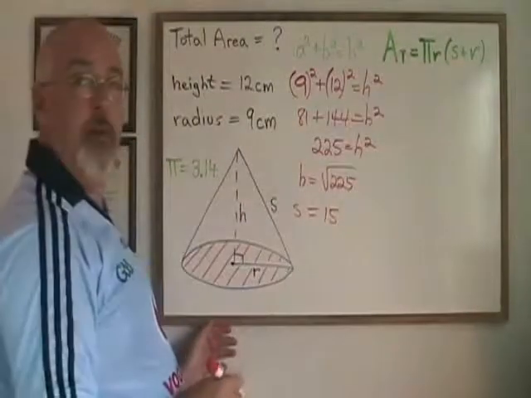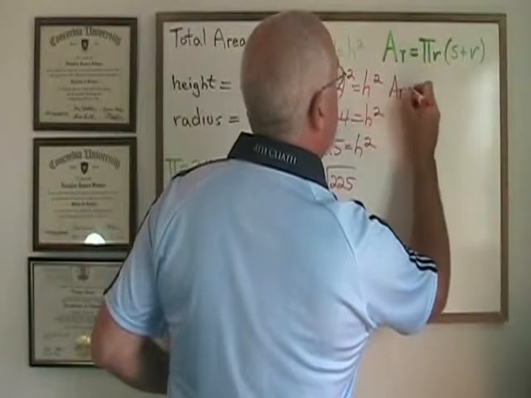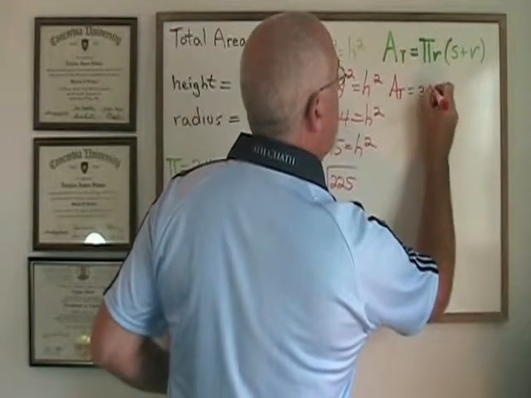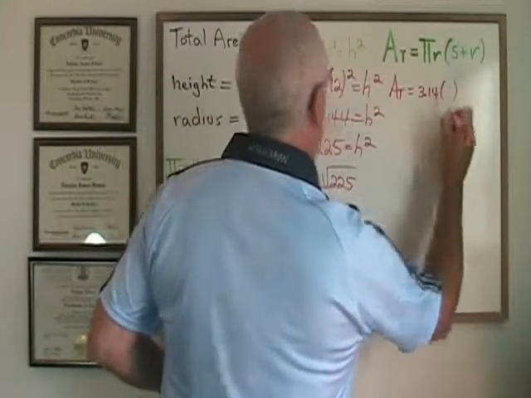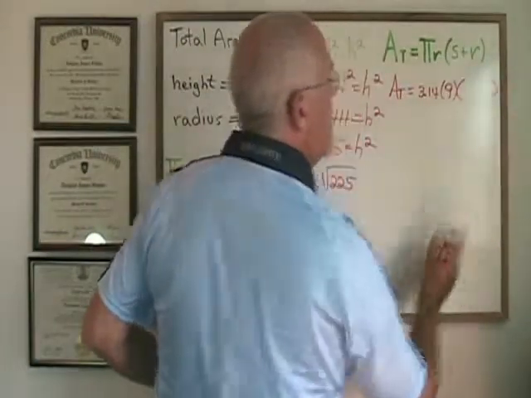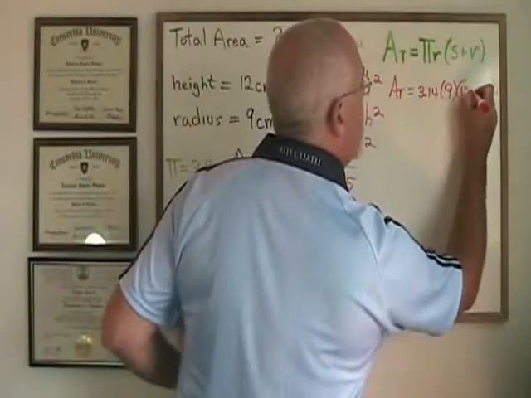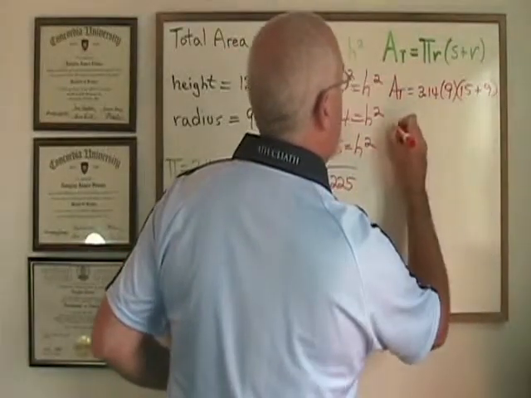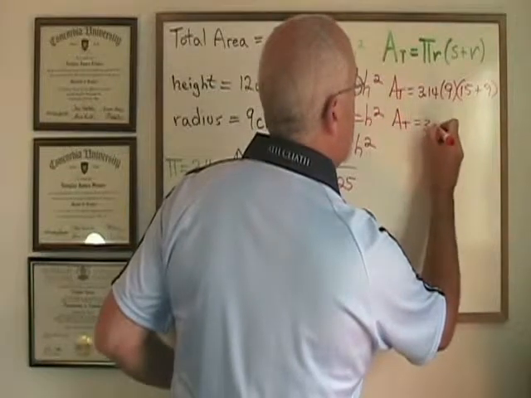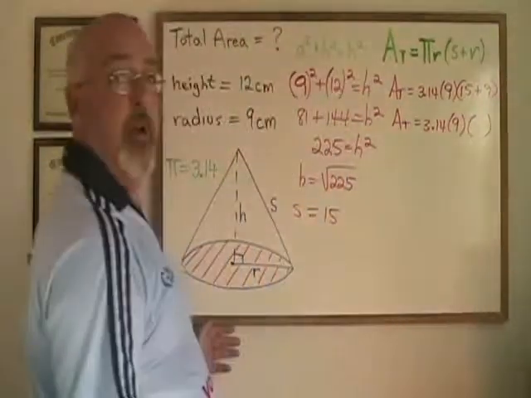Plugging into the total area of a cone formula, we get total area equals pi 3.14, r, which is 9, times s plus r, which is going to be 15 plus 9. Fifteen plus 9 is 24.